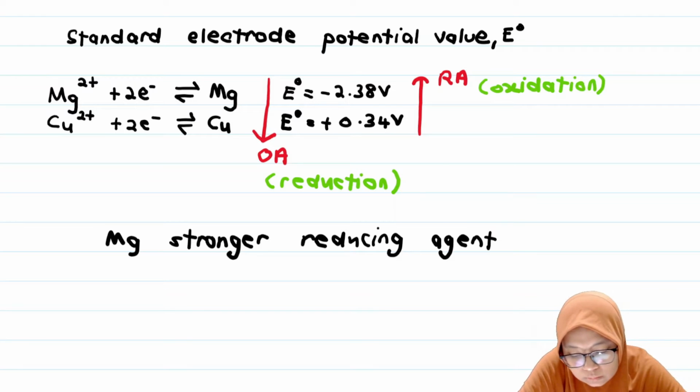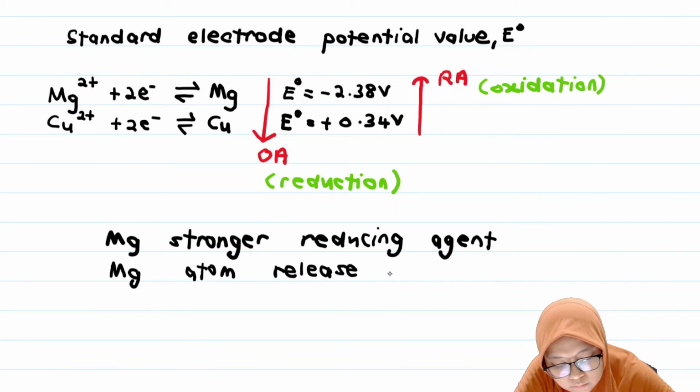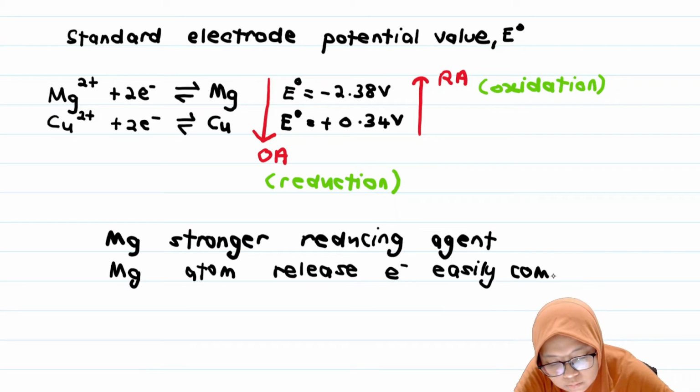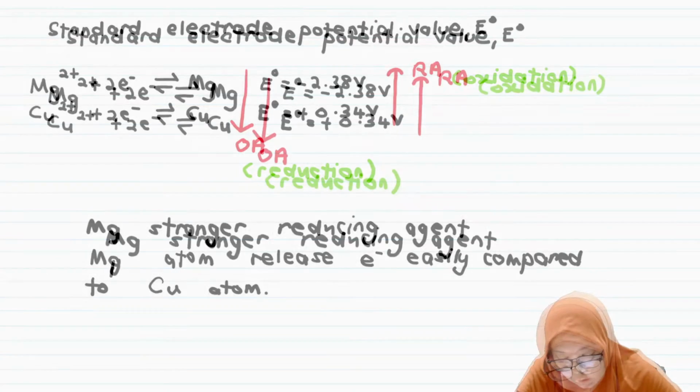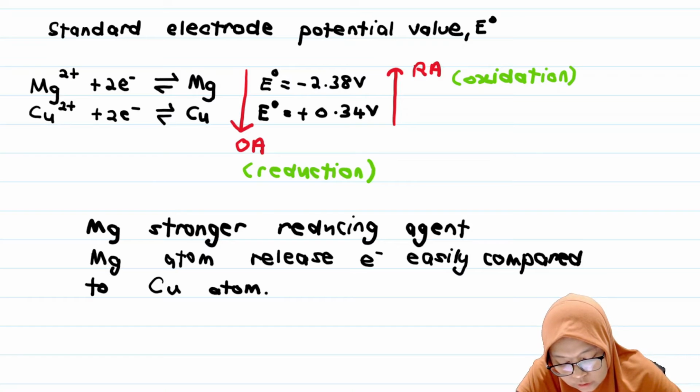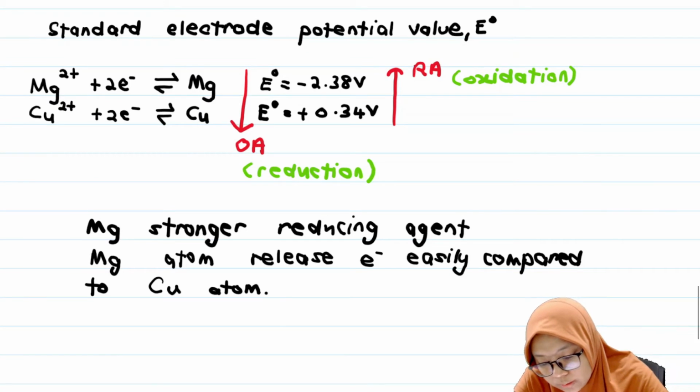If magnesium as a metal is a stronger reducing agent, it means that the magnesium atom releases electrons more easily compared to the copper atom. So when magnesium, as a stronger reducing agent, releases electrons to form magnesium 2 plus ion, magnesium will undergo oxidation reaction.